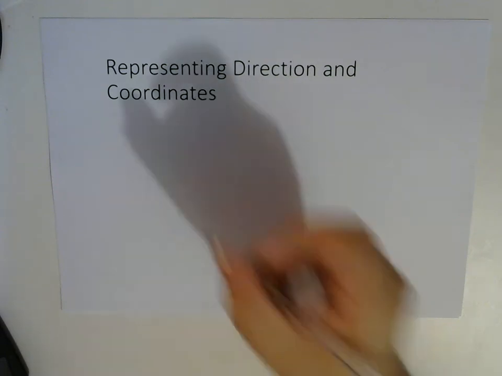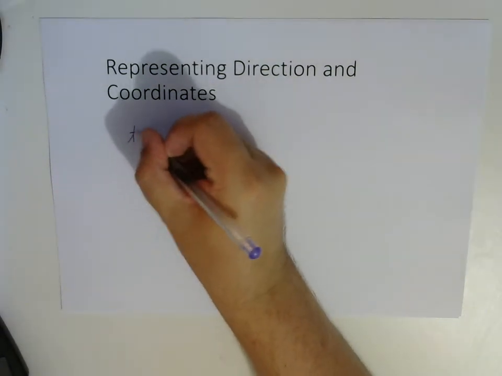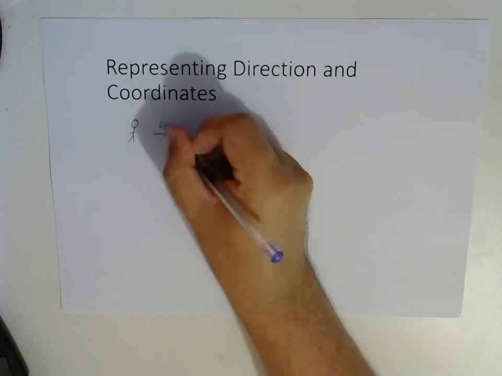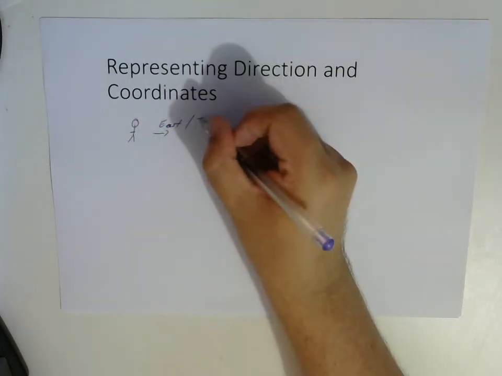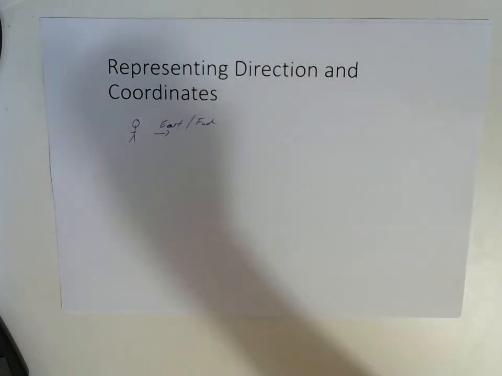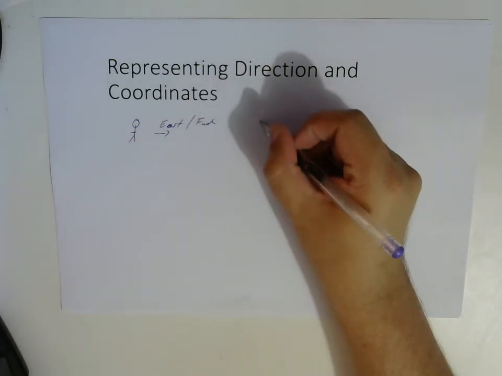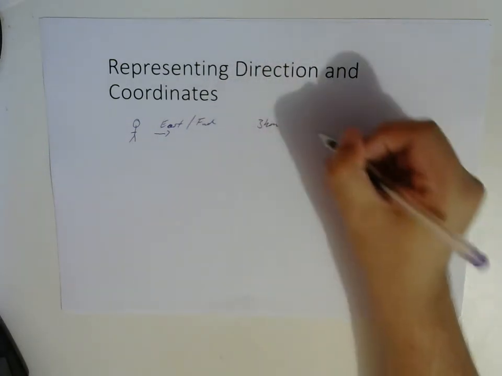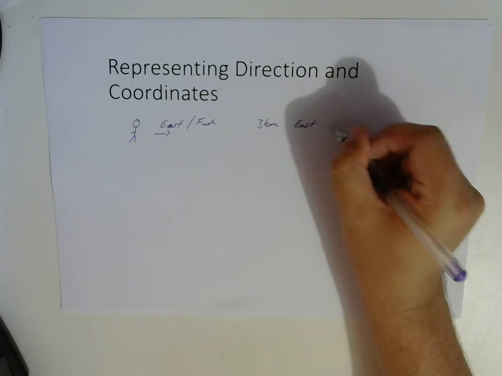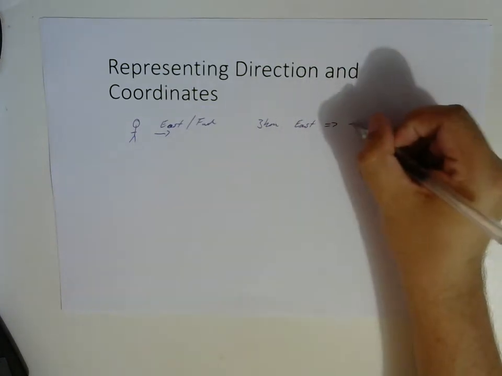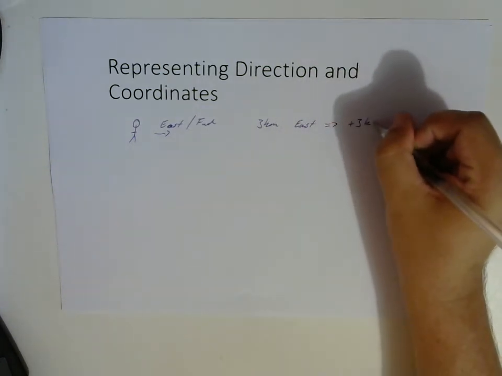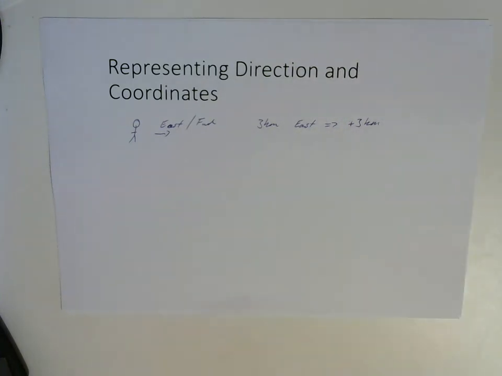But using directions is very hard to do mathematically, and so some conventions do exist. When we say that somebody travels east, or sometimes we might say forwards instead, okay, we give that direction displacement a positive value. So 3 kilometers east would just be written as plus 3 kilometers, and because mathematicians are lazy, we generally don't write the plus.